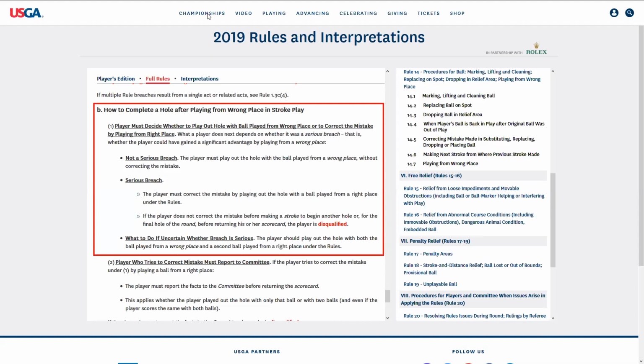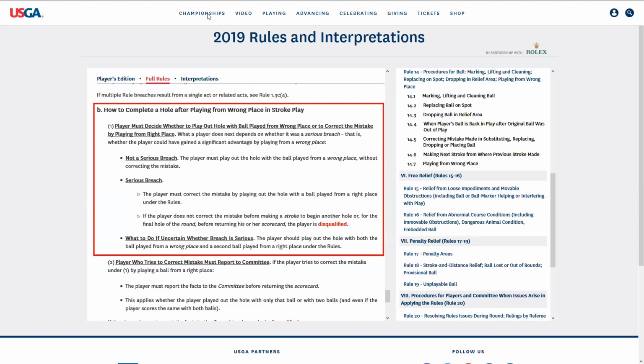So what to do if you're uncertain whether the breach is serious? The player should, and that's not a penalty, that's just good advice, play out the hole with both balls: the ball played from the wrong place, and a second ball played from the right place. So again, they're not telling you you have to do it, it's simply saying you should do it.